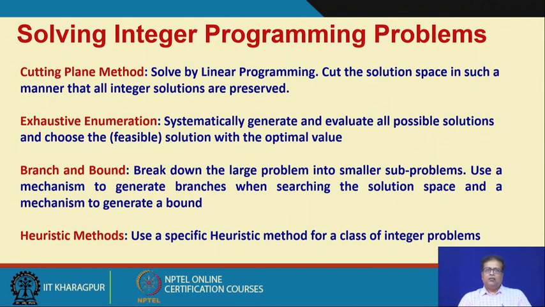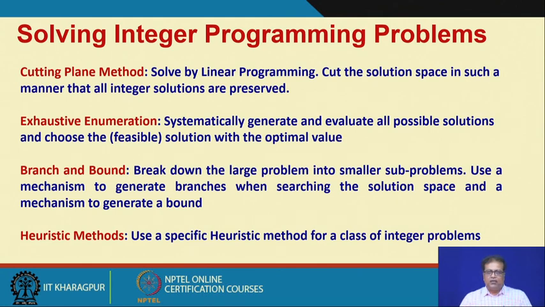First solve by the linear programming method in the usual way, get the solution, and then find a clever method by which all the integer solutions are preserved. While you cut the solution space, you should cut minimally, so that your integer solutions are all intact and the current optimal solution is outside your solution space.